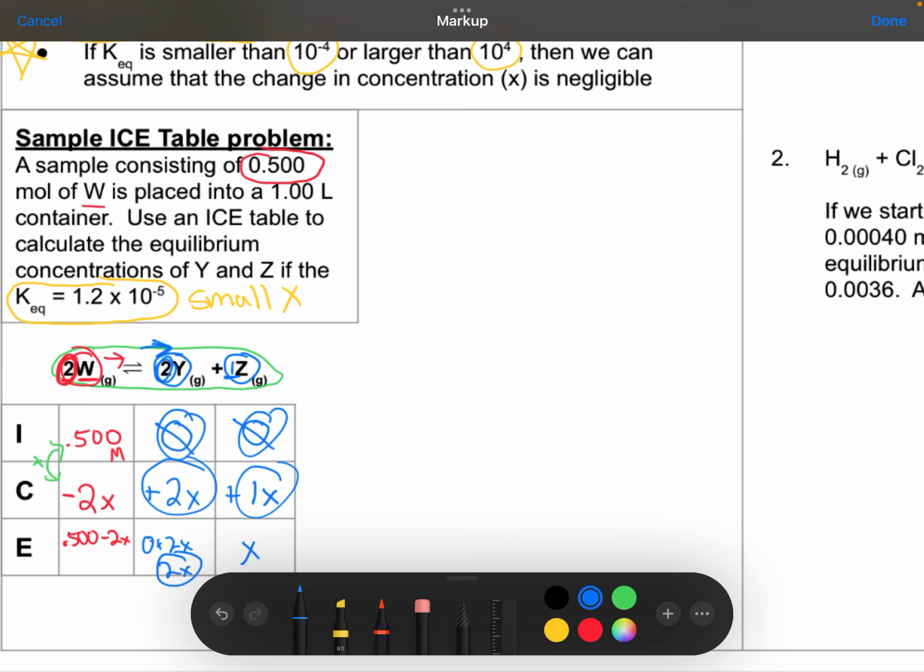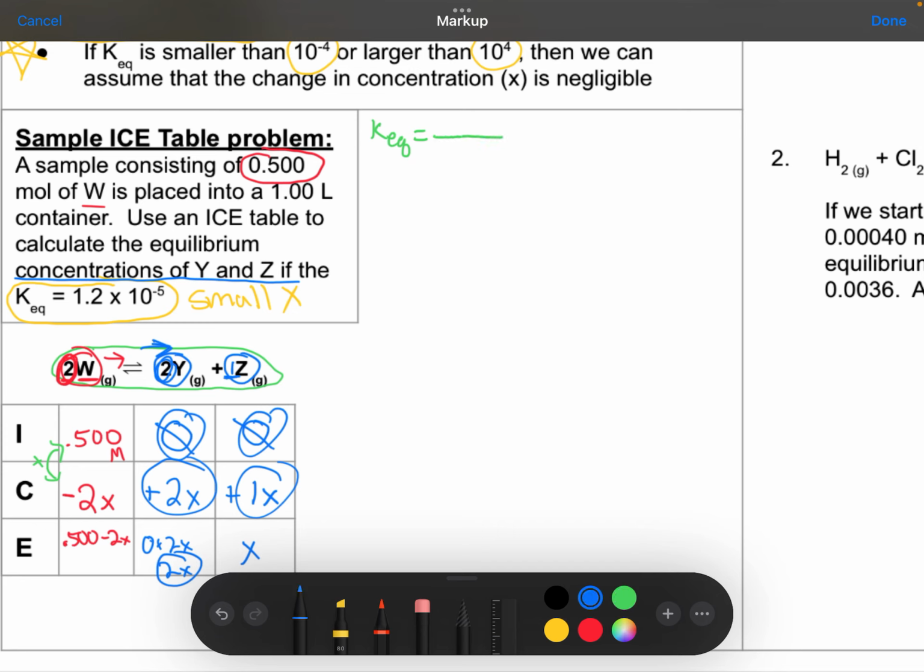But what I am asked to do by the problem is to calculate my equilibrium concentrations of Y and Z. And so to do that, I'm going to need my KEQ value, which the problem gives me, and these equilibrium concentrations that are expressed in terms of X. So first things first, I'm going to write out my equilibrium constant expression up at the top here. I know that KEQ is equal to products over reactants.